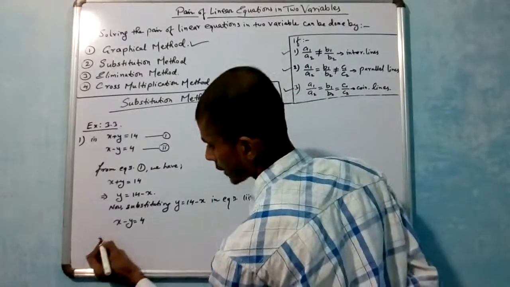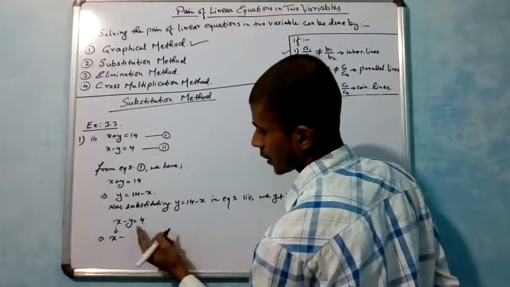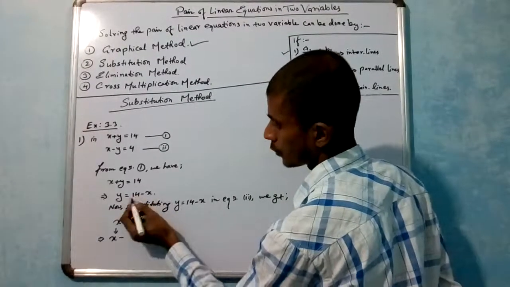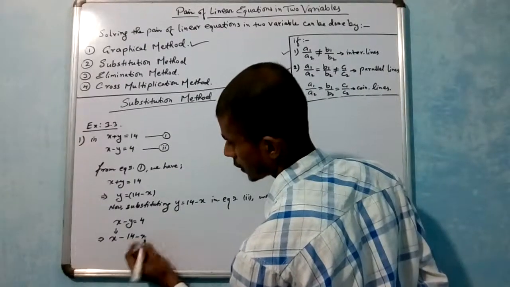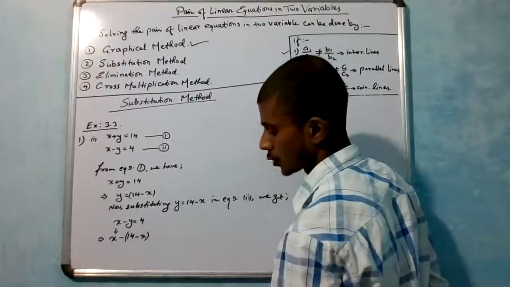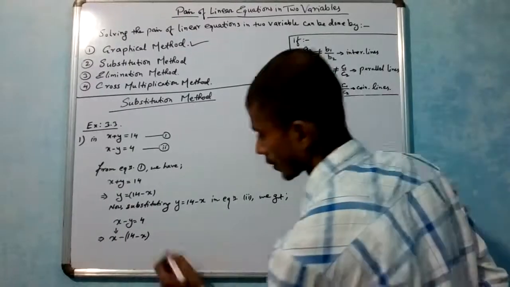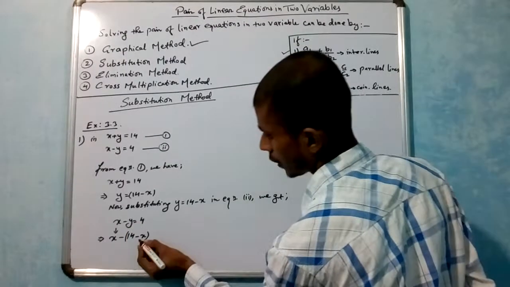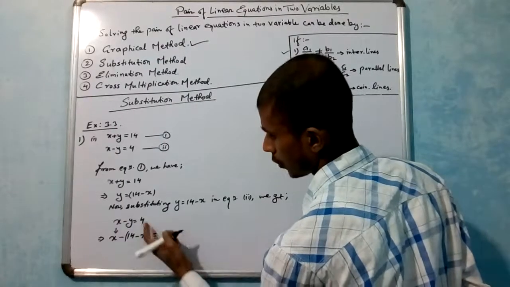So x I will write as it is, minus as it is. In place of y I will substitute this value 14 minus x. Okay. So 14 minus x, since we have a minus sign before, I need to put here one bracket so that it should not change its values. Okay. And then I substituted y value 14 minus x is equal to 4.